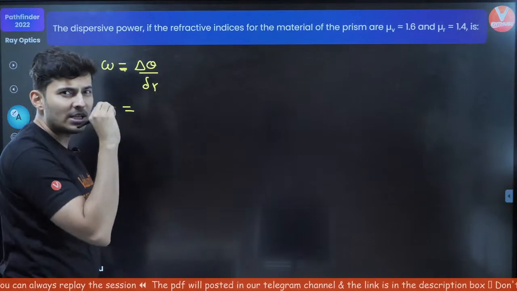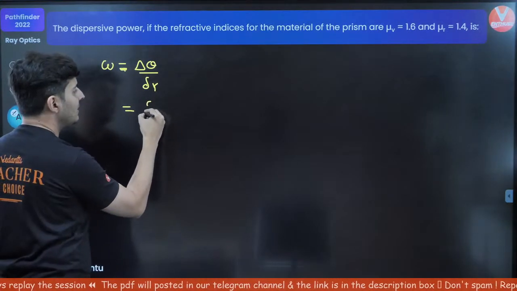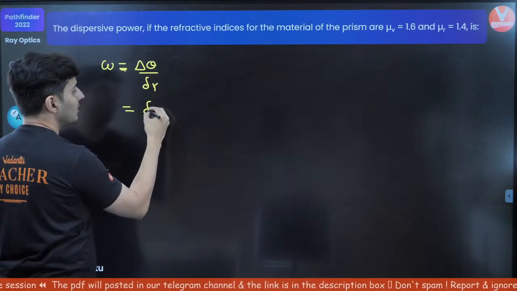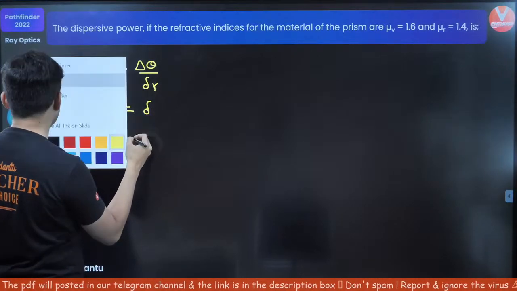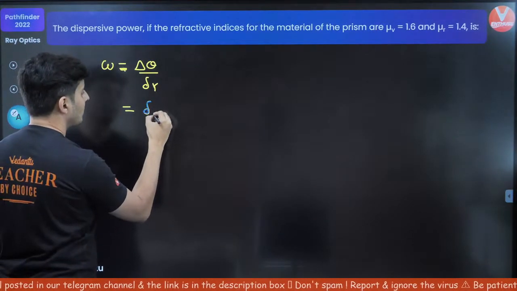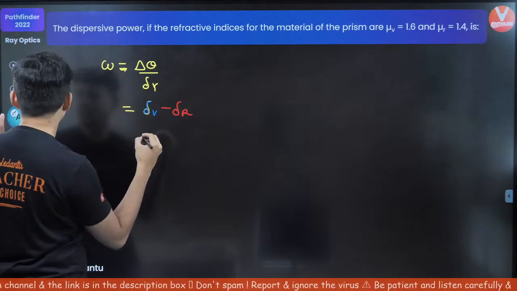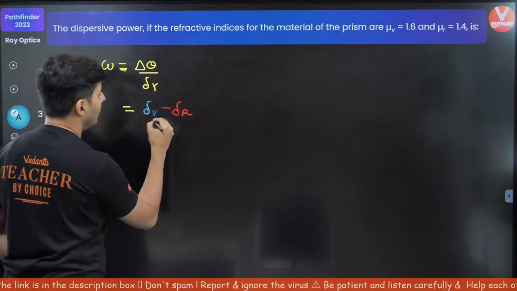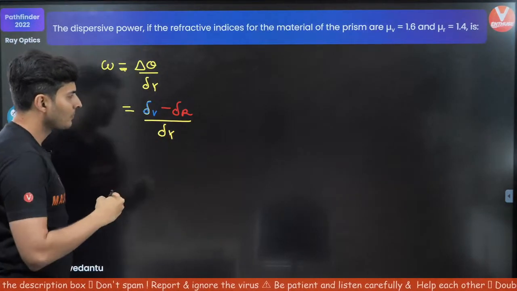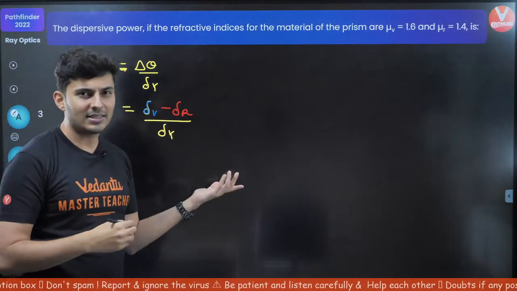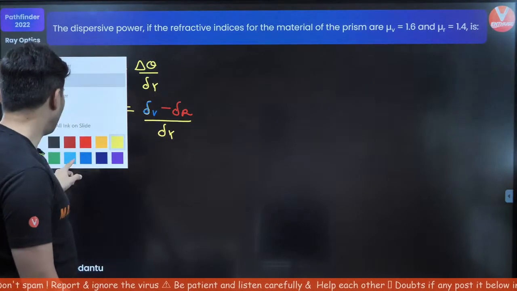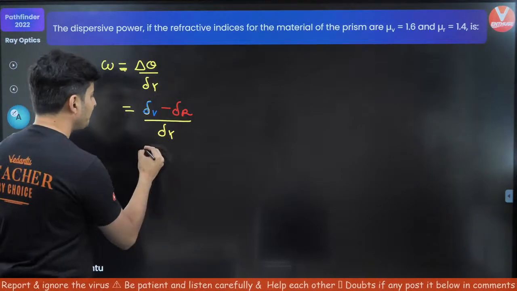Del theta is nothing but the deviation of the extreme colors, that is, delta of violet minus delta of red, and this entire thing divided by delta of yellow. Now, how do you find each of these deltas? That's a very simple task, and I have just given this to all of you.